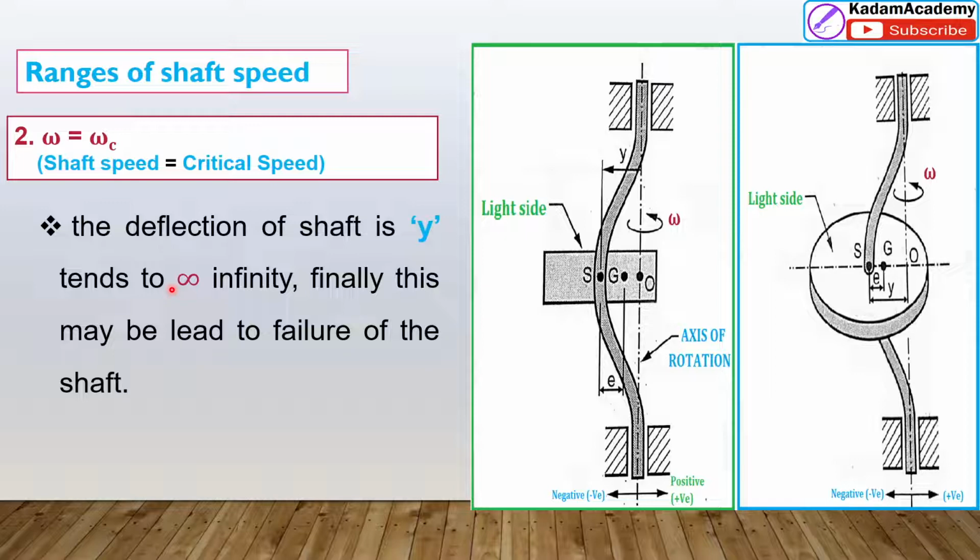In that formula, when we put in the values, the denominator becomes 0, and 1 upon anything upon 0 will be infinite. So y becomes infinity. Finally, this may lead to failure of the shaft. In this case, G is in between S and O.